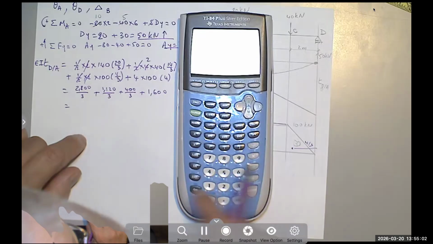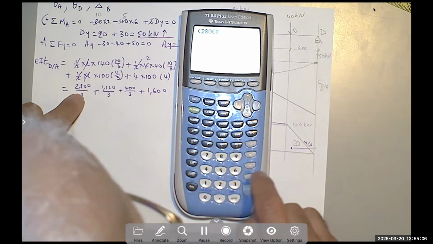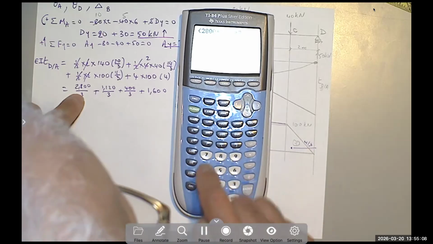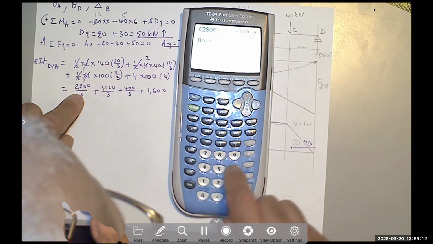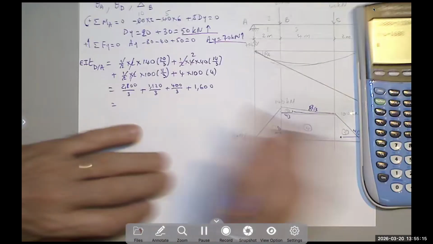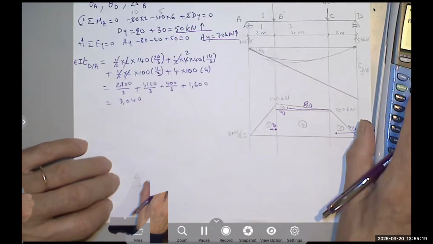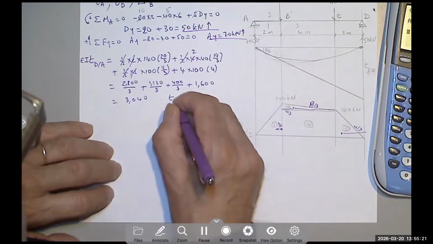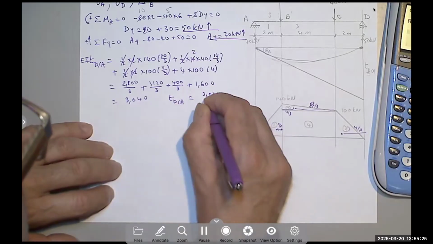We can add them up and divide: 2800 plus 1120 plus 400 divided by 3 plus 1600. It's 3040. Which means TD with respect to A is 3040 divided by EI.